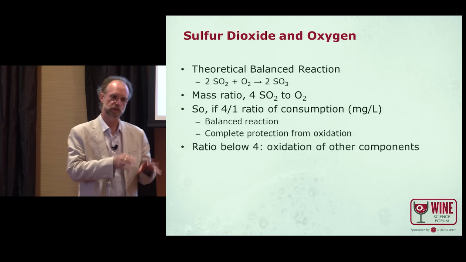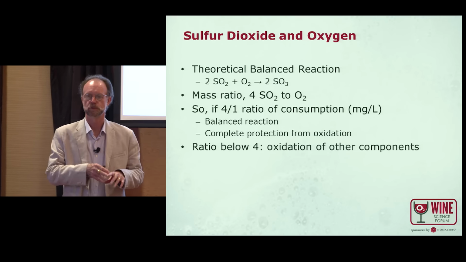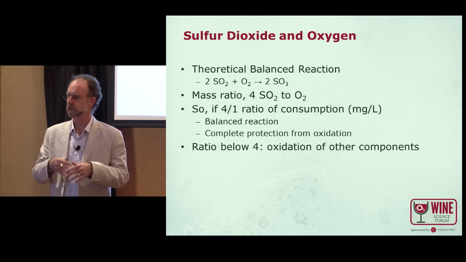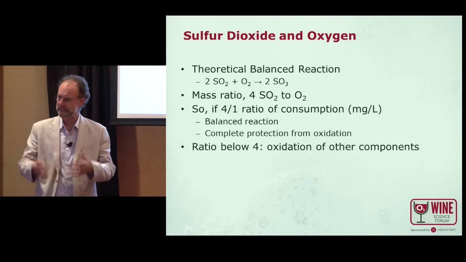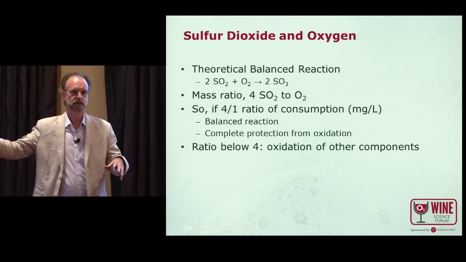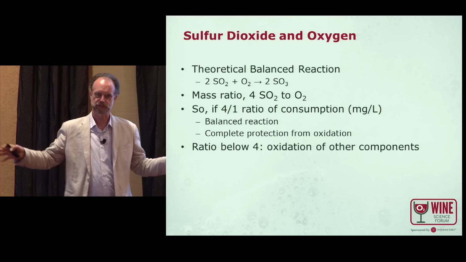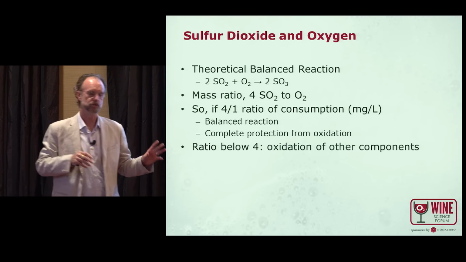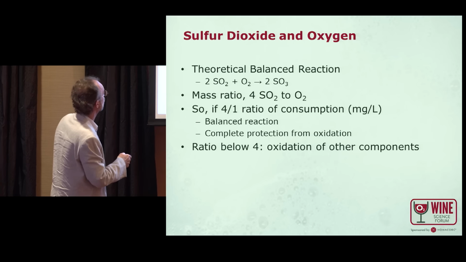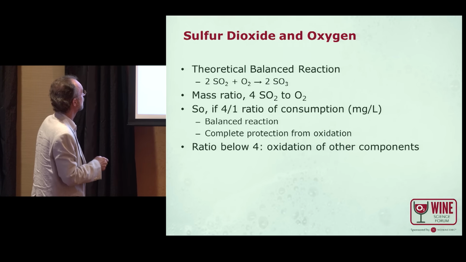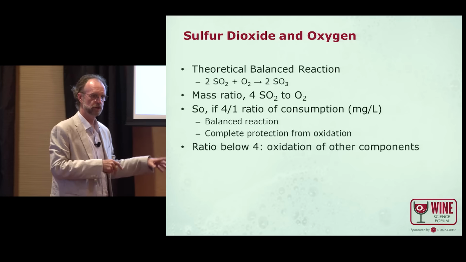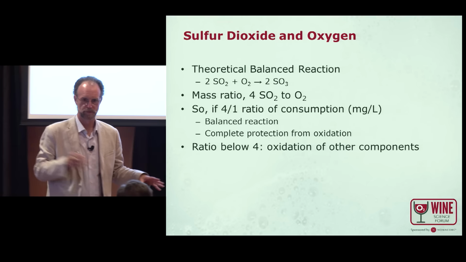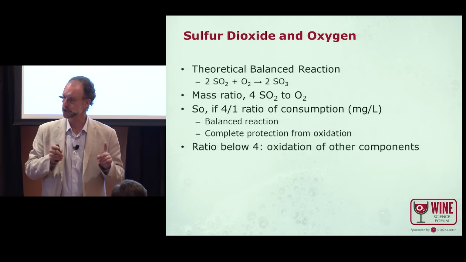So 4 milligrams per liter of SO2 will be consumed with 1 milligram per liter of oxygen into the wine, assuming that the SO2 is the ultimate reactant with all those oxidation products, as it should be, right? So you're going to lose that 4-to-1, okay? And so you lose the 4 milligrams of SO2 for every milligram of oxygen that's consumed, okay?